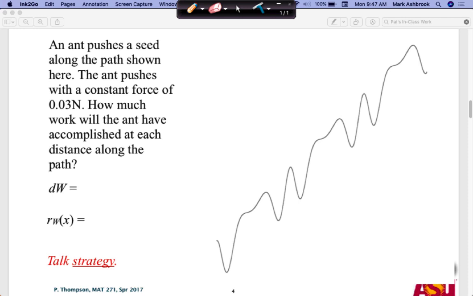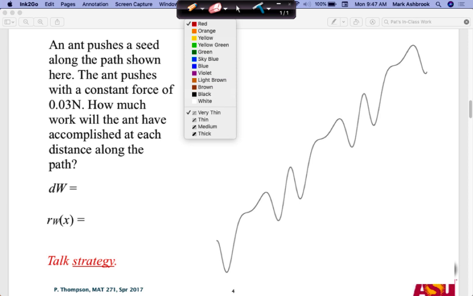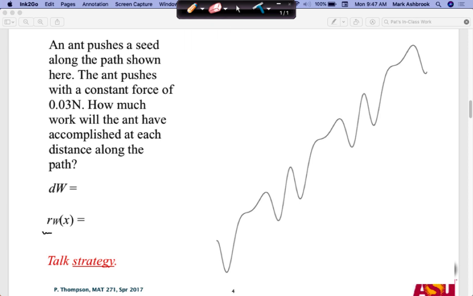The name of the game is if we can get the rate of change of work, then just like any other quantity we've been working with, it's the same thing. We'll be able to quickly write down the work accumulation function. So how does rate of change fit into dW?